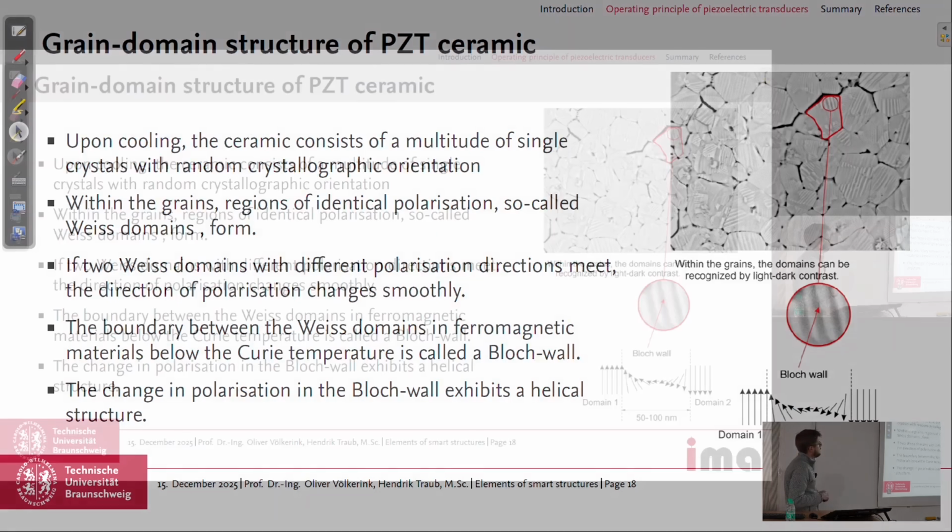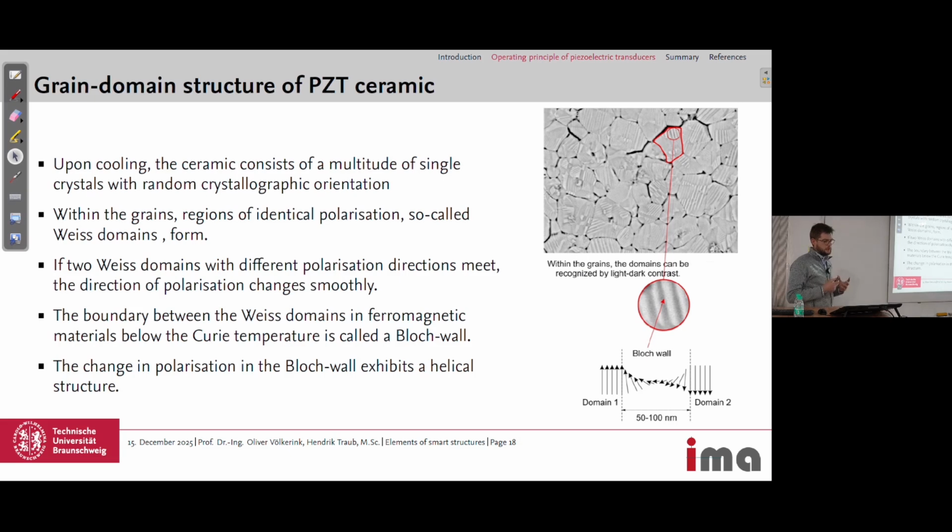If we look at the grain and domain structure of this lead zirconate titanate ceramic, upon cooling, the ceramic consists of multiple single crystals with random crystallographic orientation. You can see the crystals here with the black borders in this microsection.